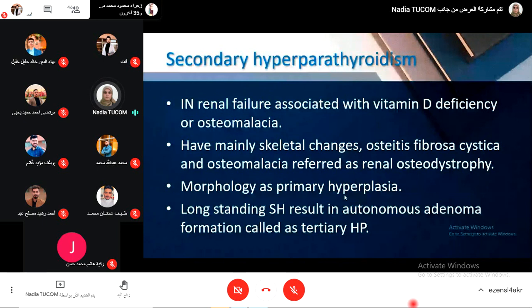So there is autonomous secretion of PTH, separate from the blood calcium level.